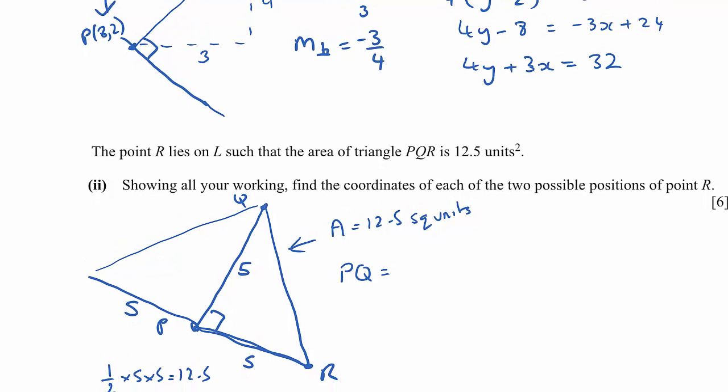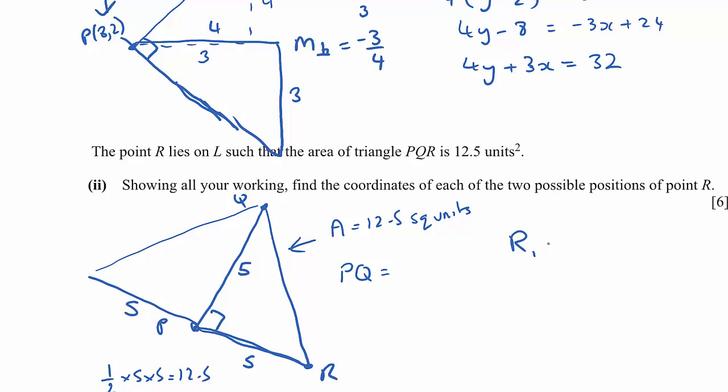Now the gradient of this line we said was -3/4. So that means that it would go 4 across and 3 down.